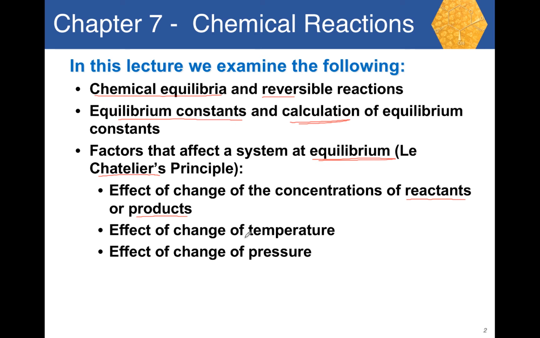If there's a change in temperature of a reaction that's at equilibrium, will that affect the equilibrium? And lastly, if there is a change in pressure of a reaction that's at equilibrium, will that affect the position of the equilibrium? But we'll get into each of these in more detail.